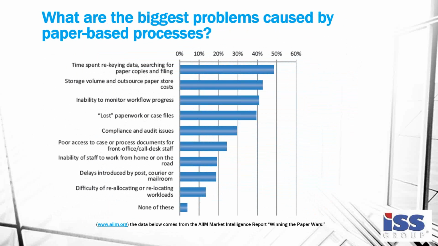So you don't have to send something by mail. You don't have to send it through the courier. You don't have somebody having to wait until they go into the office the next day to do something. You don't lose the ability to enforce compliance. Paperwork doesn't get lost on someone's desk.